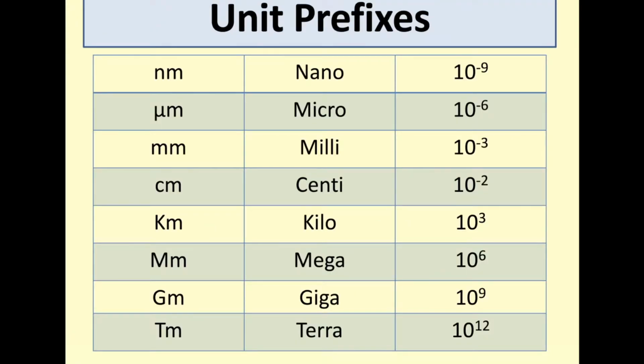So these are how those unit prefixes can be written. This is standard form, which you may or may not be familiar with from maths. If you're not, I'm sure you will get there at some point in your maths curriculum. But when we look at these numbers, they're just telling us the number of places we've shifted our number.